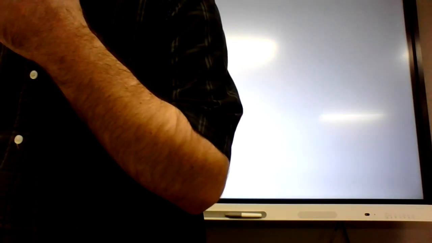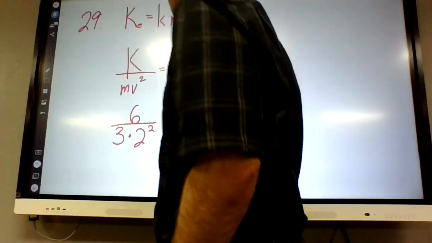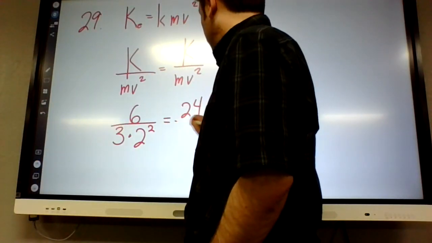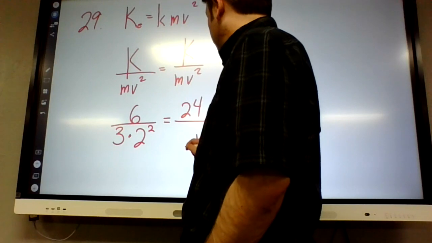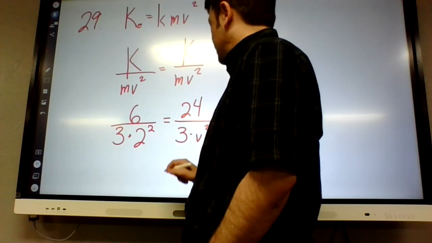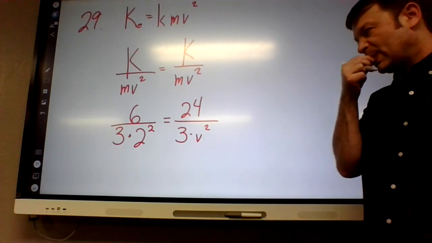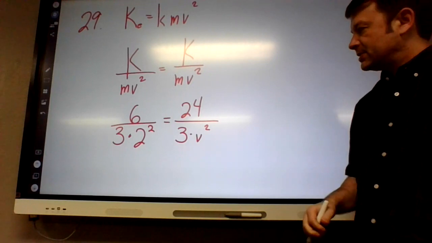Traveling at what velocity? So V is unknown. But we have 24 joules for the kinetic energy. I think the mass didn't change, they used 3 grams both times. So that's how you plug it in.